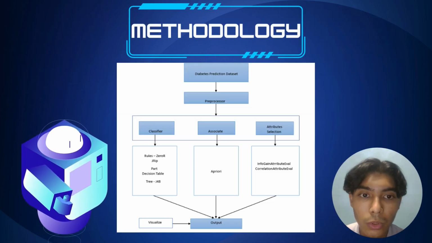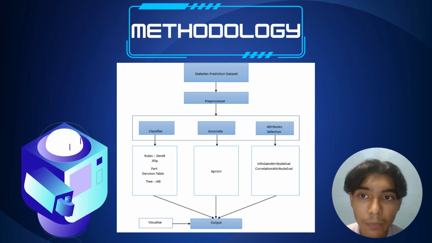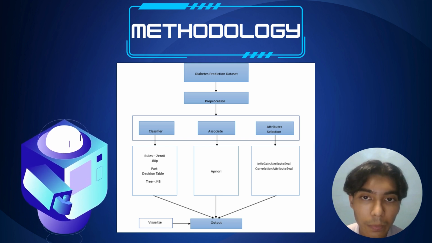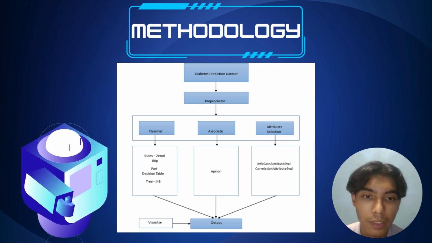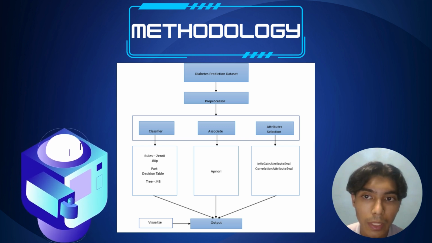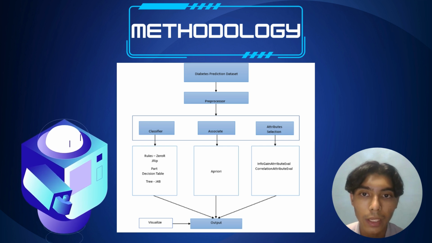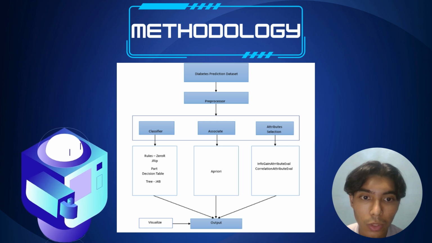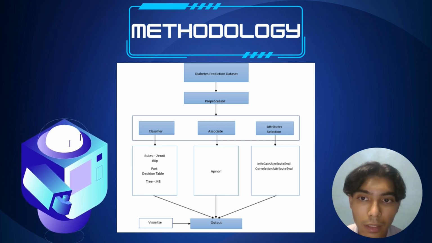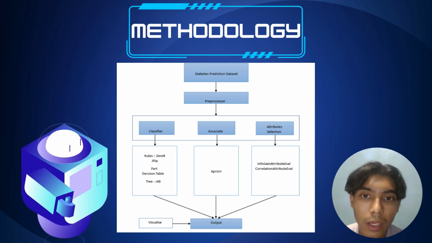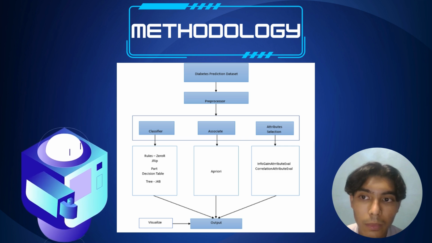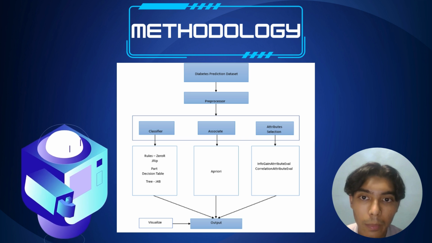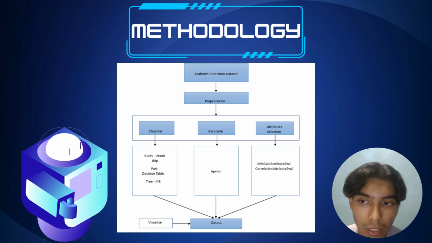I will continue to explain the methodology, starting from extracting data from Kaggle.com, the diabetes prediction dataset, which includes medical and demographic data. We employ data mining methods using the Weka tools to clean the data, select classifiers, apply association rules, and ultimately build machine learning models to predict diabetes based on the patient's medical history and demographic information.